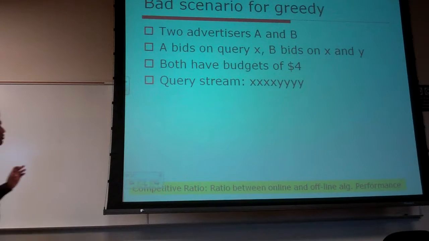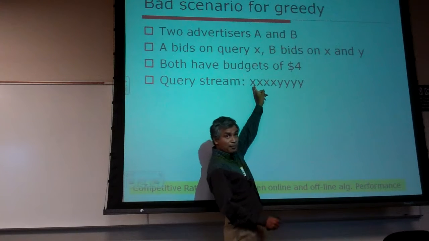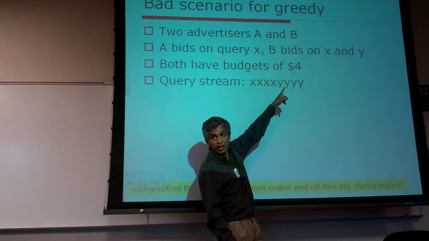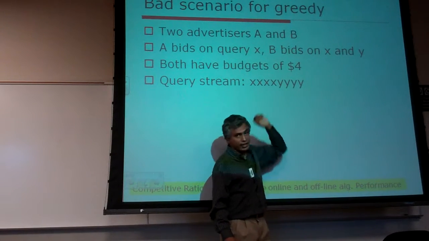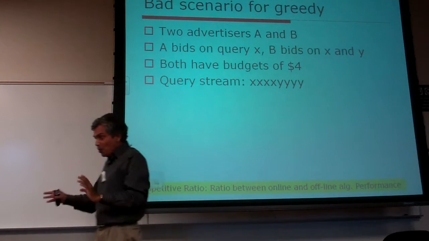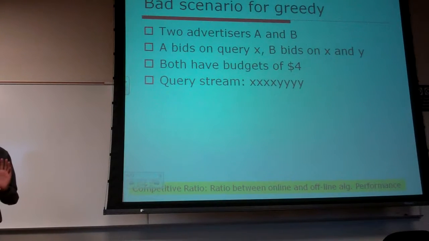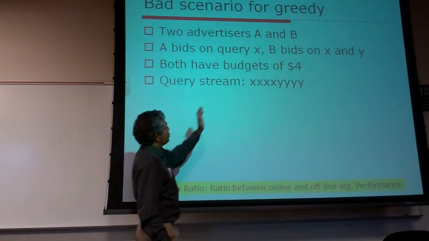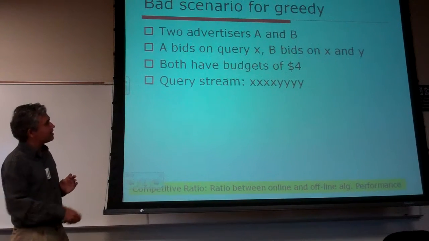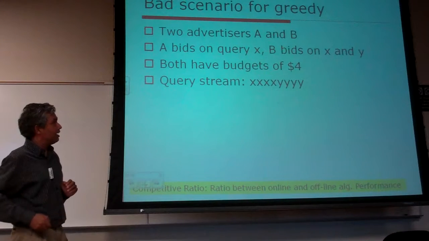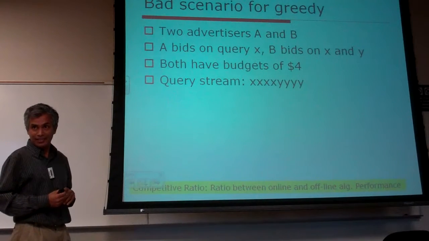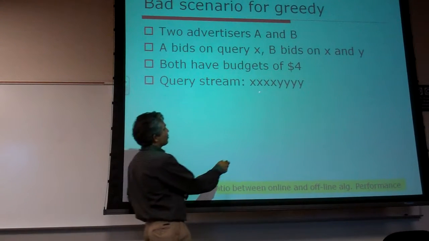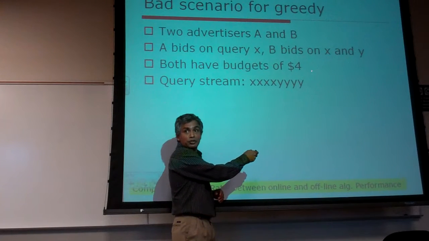Suppose my query stream is this. From now until midnight, these are the queries that are going to come: X, X, X, X, and Y, Y, Y, Y. If you know all of them, you know what's the right thing to do. Do you not see it? You should save the Y's, because B can take either X or Y, and A only likes X. If you start using up all your B's here, then you have nothing to show after this.